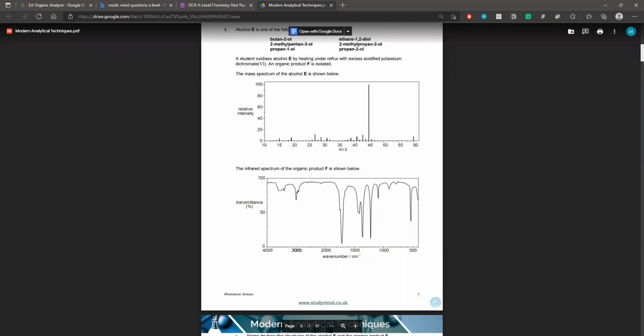So what does that indicate about alcohol E? It's secondary, yeah. Now, can we deduce which one it is?